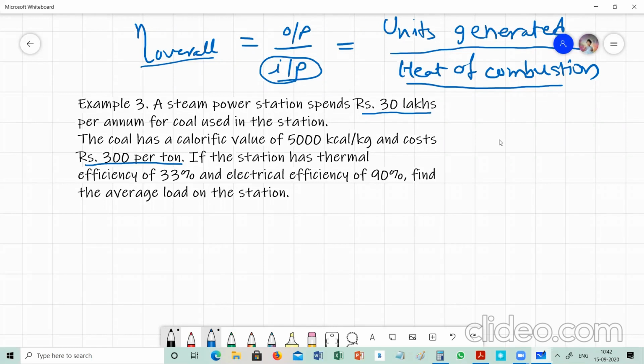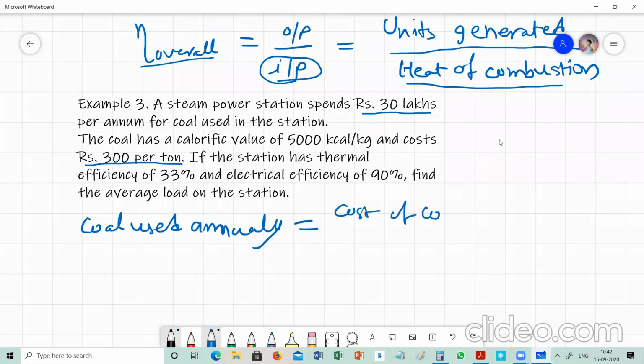Coal used annually will be equal to total cost of coal divided by cost of 1 ton of coal.